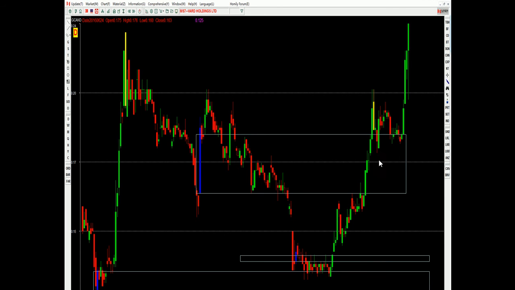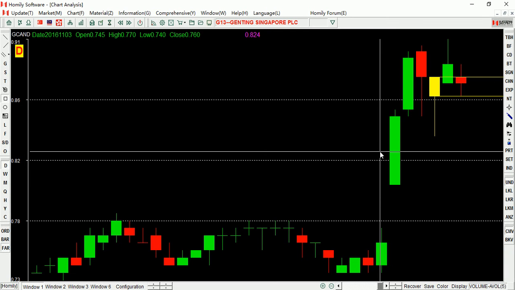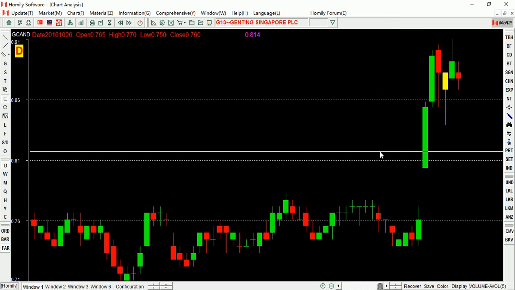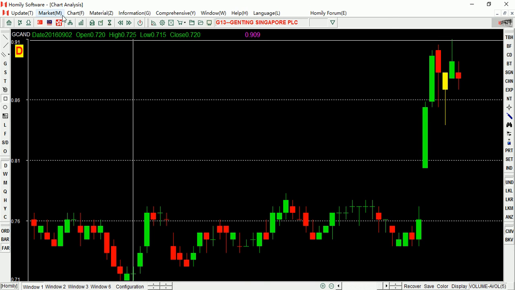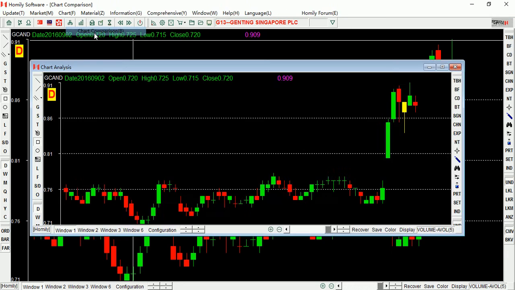Okay, you should remember. Because we all want to know how to find the strong stocks, right? So how to judge whether the stock is strong or not? You can use this function, and I think it's very useful. You can click chart, then chart comparison.